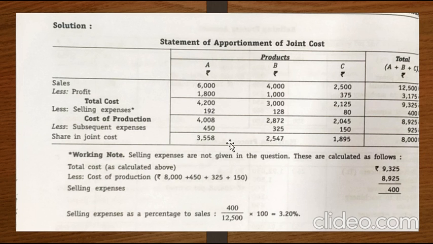So this is the method to apportion your joint products from the overall production cost. This is known as the reverse costing method for finding out the share in the joint cost of each product. The next problem we are going to discuss is problem 3.14.